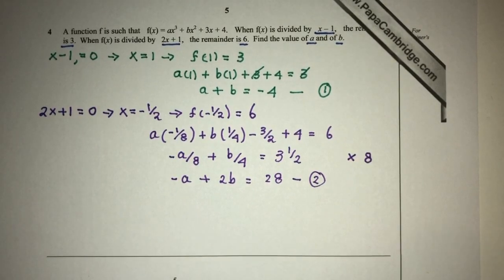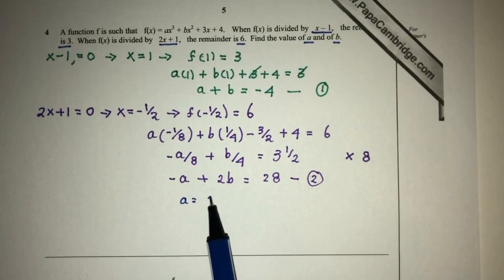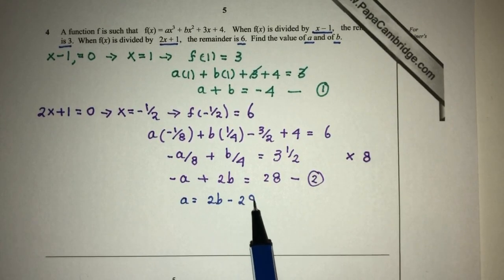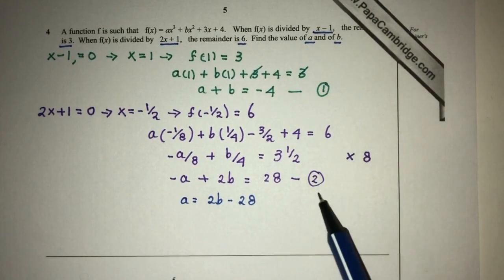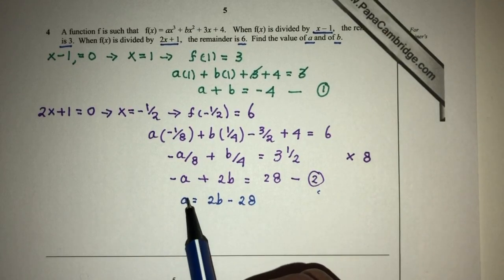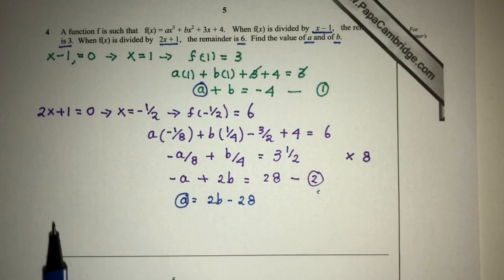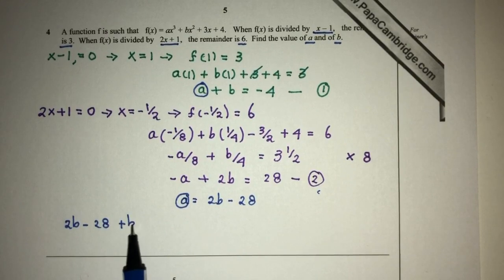Now let's make a the subject. From here, why not? So a will be equal to 2b minus 28. Now, as you can see, we have two equations we can solve simultaneously to find the values of a and b. First, we can replace the value of a here by this a. You will have 2b minus 28 plus b equal to minus 4.